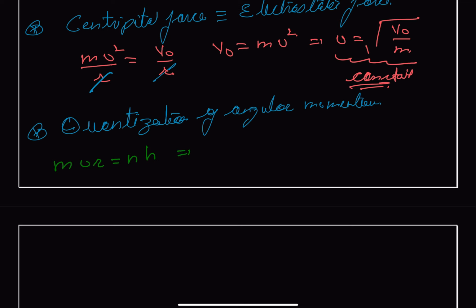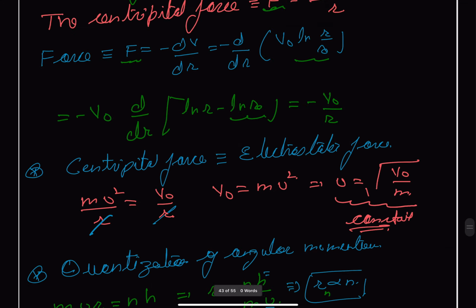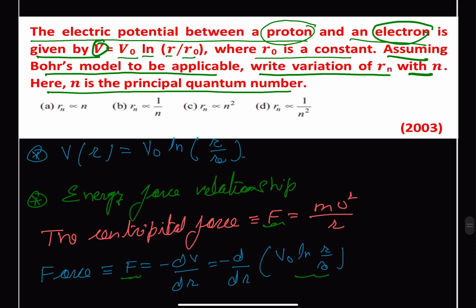This gives us r is equal to n h divided by mass into velocity. We just proved that velocity is constant, mass is always constant, and Planck's constant is constant. Therefore from here we can say r is directly proportional to n, or for the nth orbit we can call this Rn. So Rn is directly proportional to n. So option number A is correct.